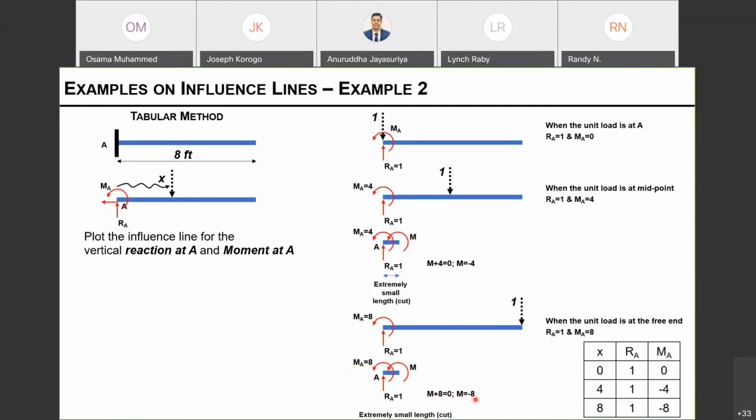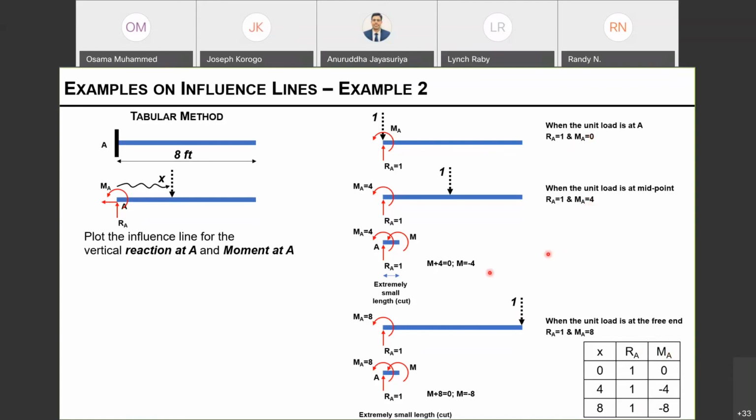Okay. So after that, we know that at each location of the beam where I place my unit load, the reaction is 1 here, 1 here, 1 here. Reaction has no effect on the location of the load, but there will be a change in the moment: at x equals 0, moment is 0, and at x equals halfway through, MA is 4.